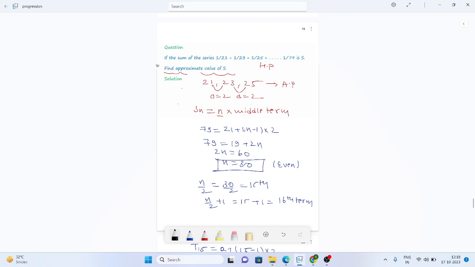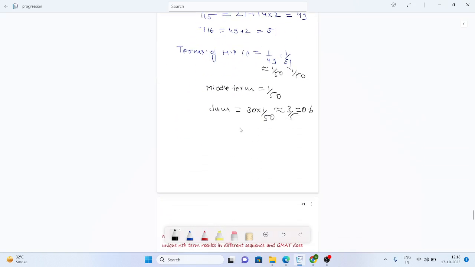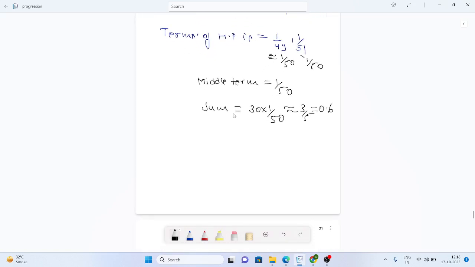Okay, so this is the long procedure, but there is one trick which always works. The trick is that you have to find n, the number of terms, but the first and last terms are given: 21 and 79.